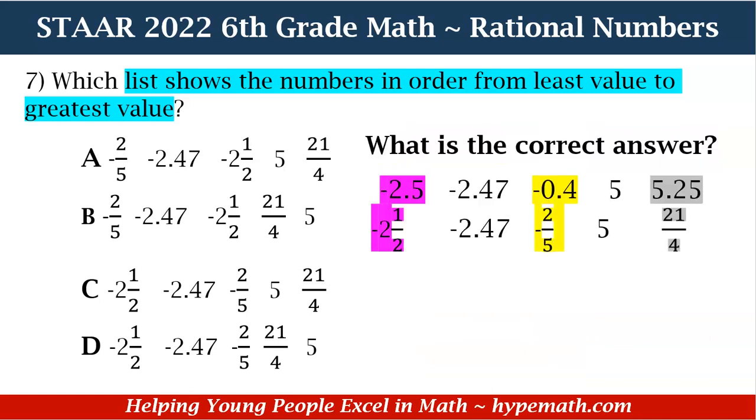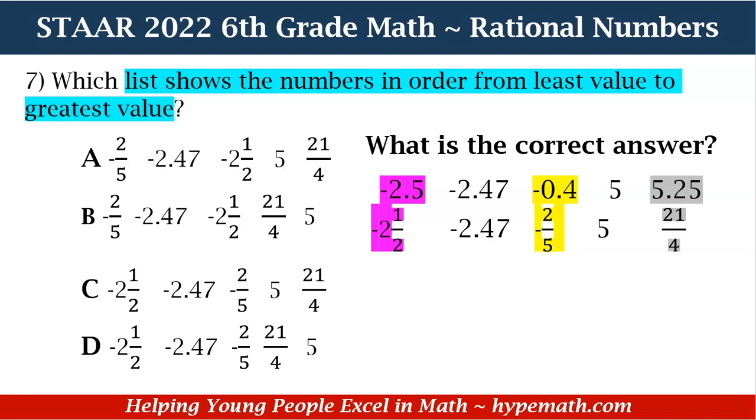What is the correct answer? Well, what we're going to do is look at our answer choices to see which one is similar to the answer that we have, which is, and now I'm going to say it in fraction form, -2.5, -2.47, -2/5, 5, and 21/4. Do you see that in the answer choices?